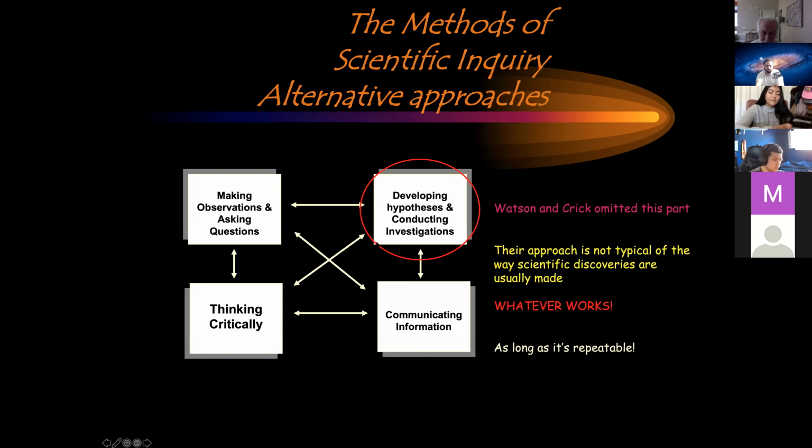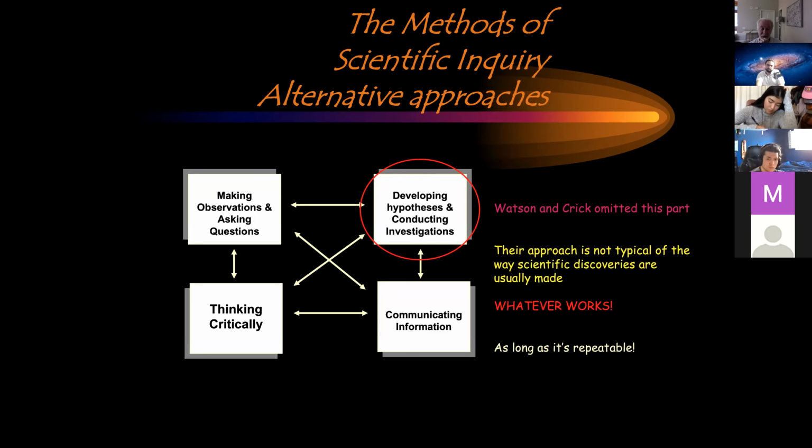And so one of the points that I want to make here, beyond the historical interest in it, is how Watson and Crick made a momentous discovery. They didn't do it in the ordinary way. What they left out was this box: developing hypotheses and conducting investigations. They didn't have a hypothesis for what the structure of DNA was. And they didn't really conduct investigations.